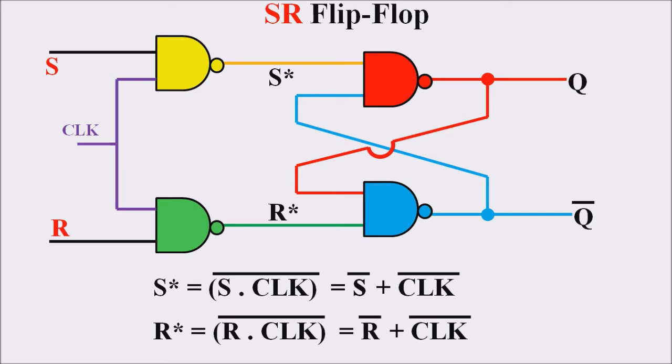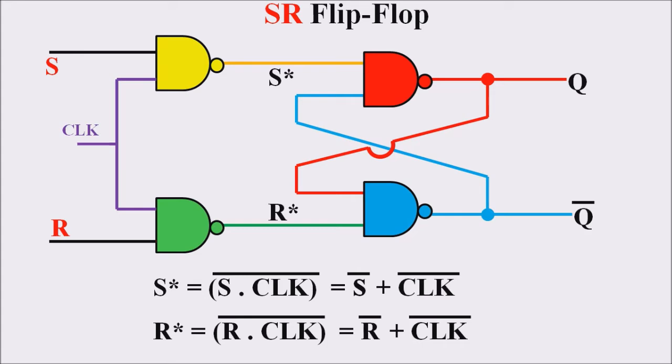From this figure we can explain that S star is (S dot clock) the whole complement, that is, the inputs of NAND gate number 1, the yellow NAND gate, are S and clock, thus the output will be the complement of S dot clock. Since we are dealing with a NAND gate, we take the complement.